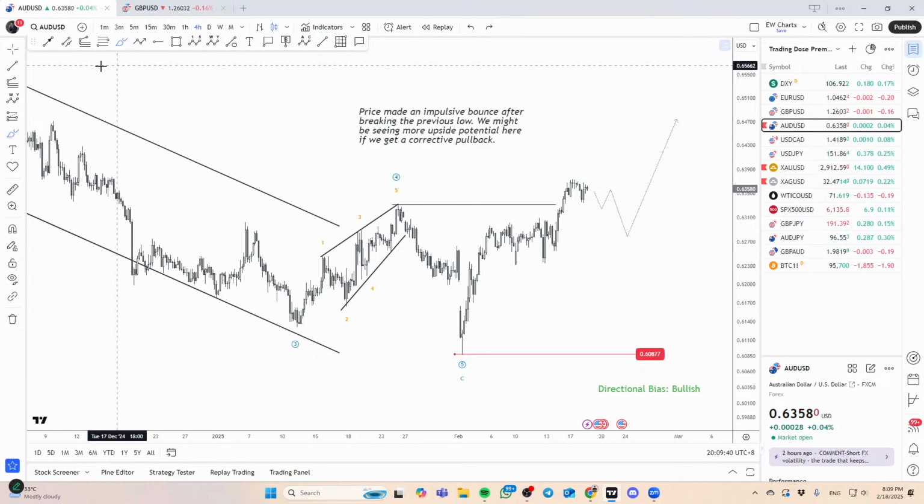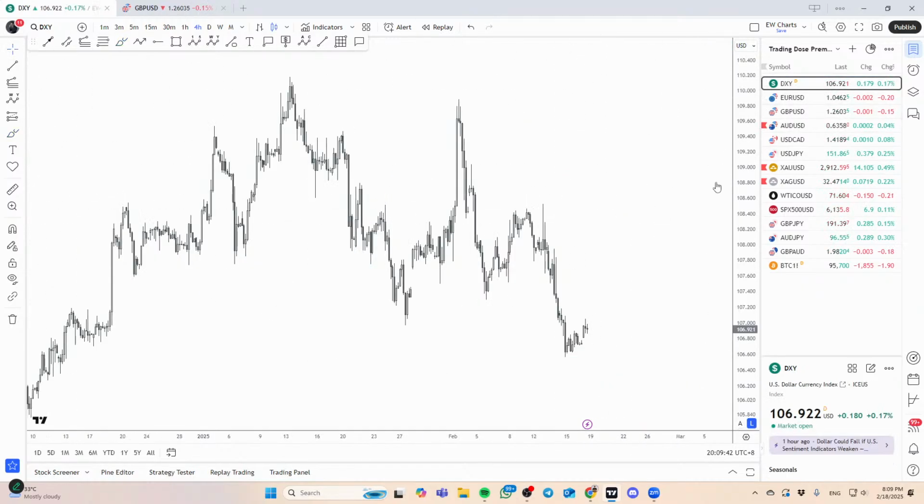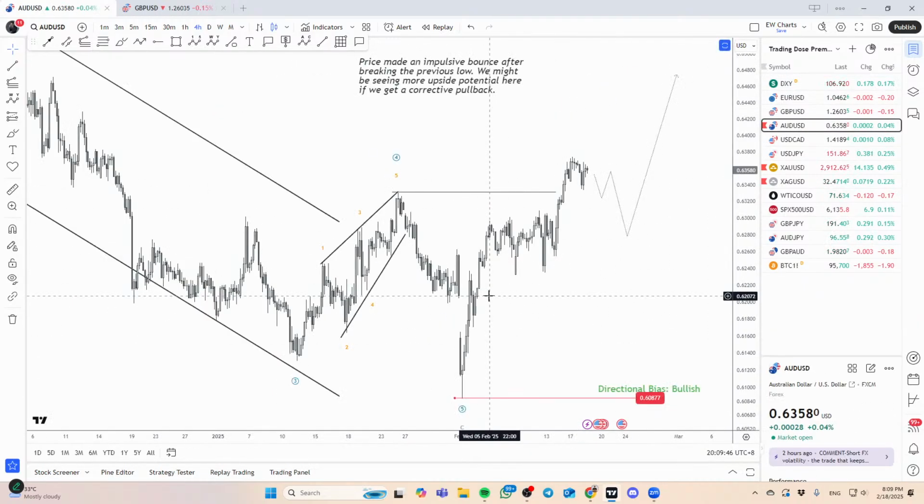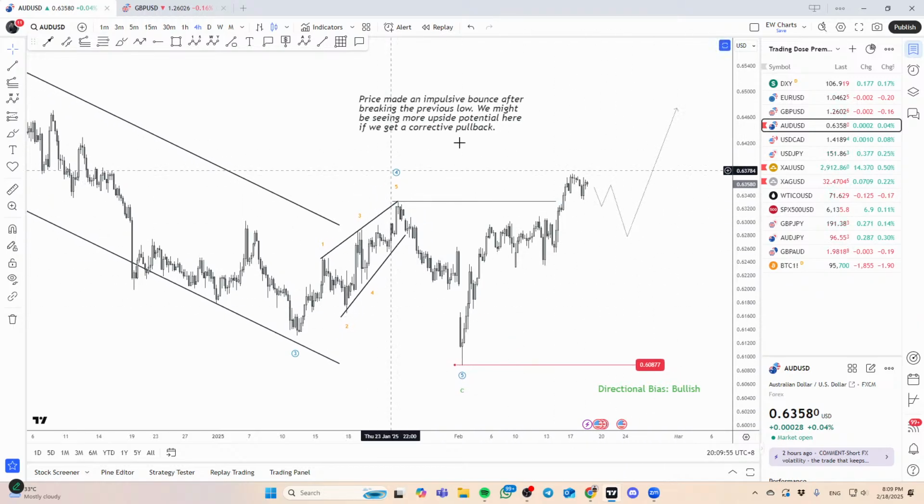And of course this also stacks up a little bit, right? Today, if the dollar index starts to hit a key area and starts to pull back, Aussie dollar here would definitely move a little bit lower because of the dollar strength. So that's the thinking, that's the thought process on Aussie dollar. Short term potentially pull back, and then eventually, we'll still be looking upside if the pullback is corrective.